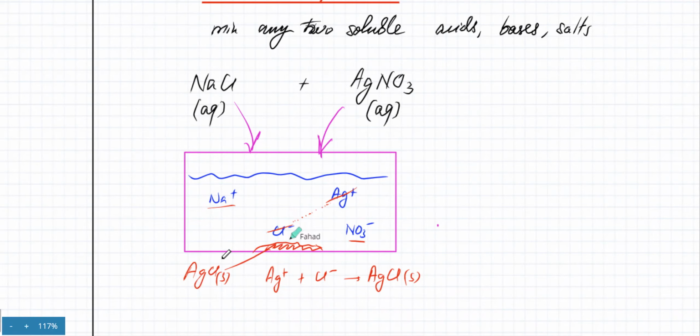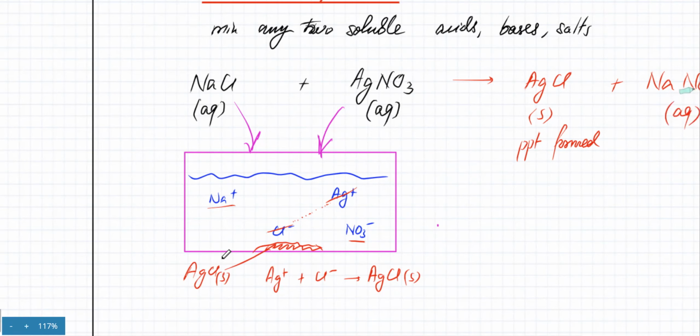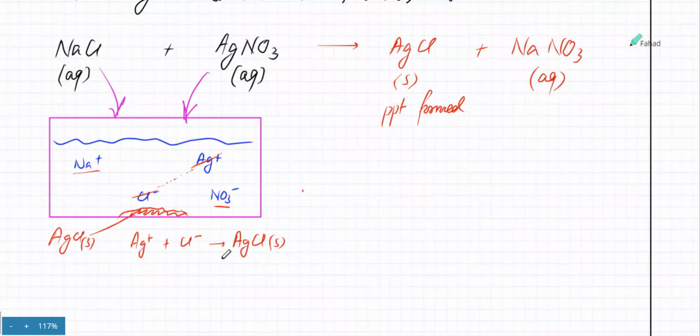So your reaction is, okay, if you mix any two soluble compounds, AgCl precipitate is going to be formed, और पीछे क्या रह जाएगा solution में sodium nitrate, which is going to be in aqueous state. ठीक है, that is what's going to be formed over here. So this is how the reaction goes.